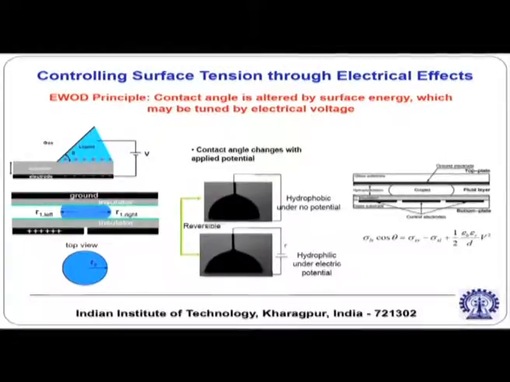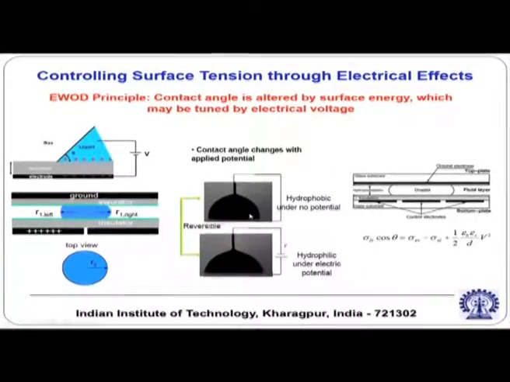Sometimes a part of the system may be unconfined and a part of the system confined. So the contact angle changes with the applied potential. Look at this experimental picture.